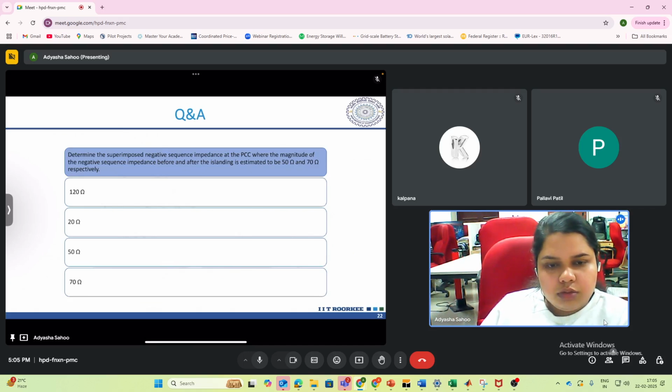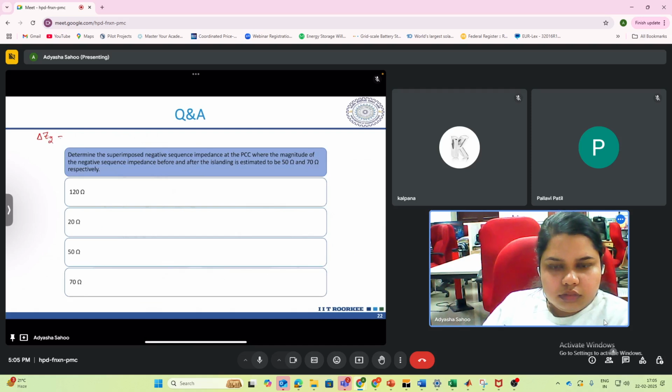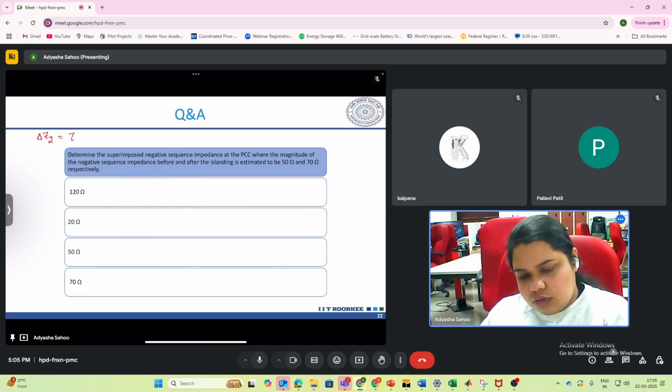What was the formula for superimposed negative sequence impedance? It was delta Z2, right? Delta Z2 was the post-fault negative sequence impedance minus the pre-fault negative sequence impedance.